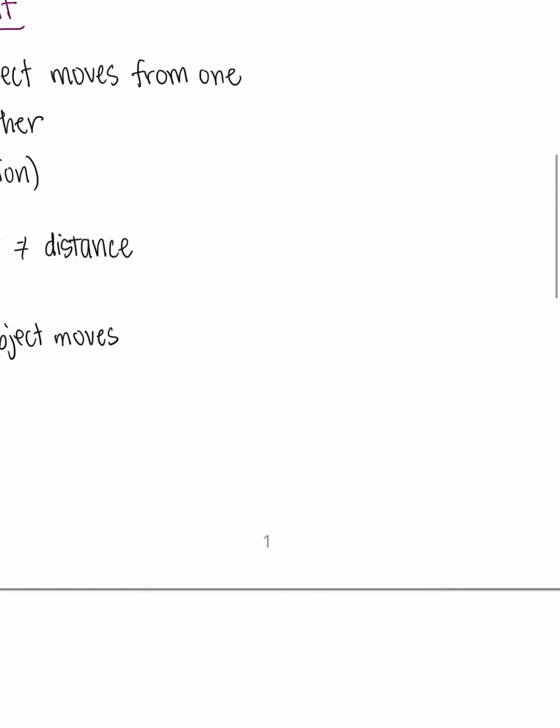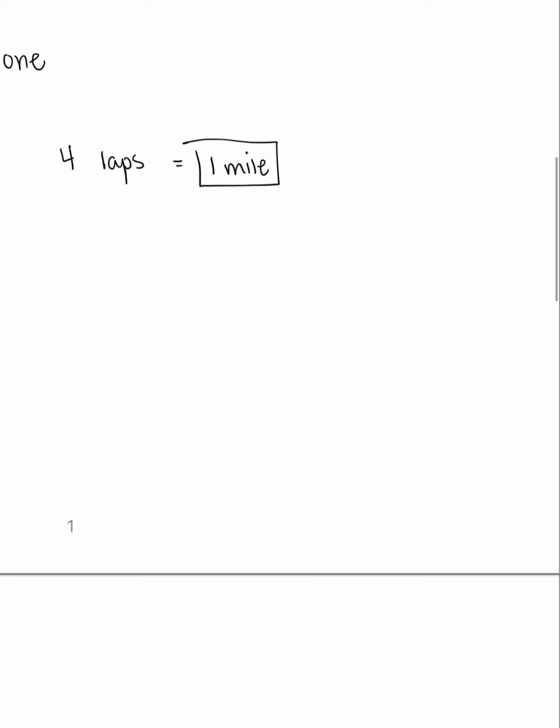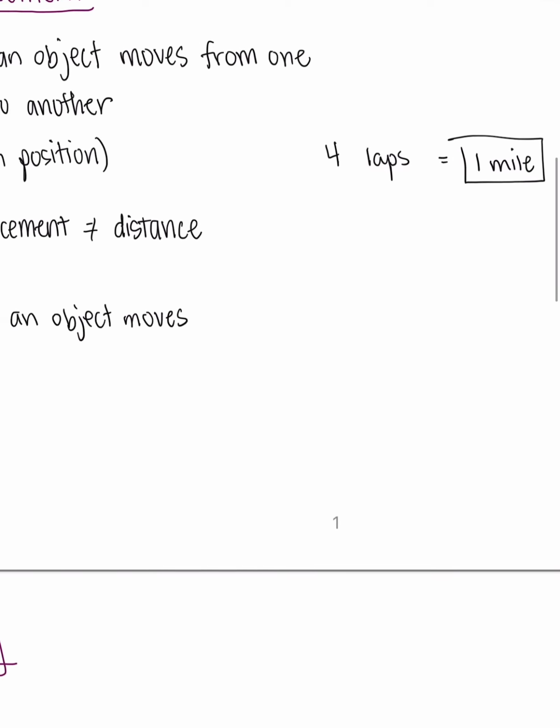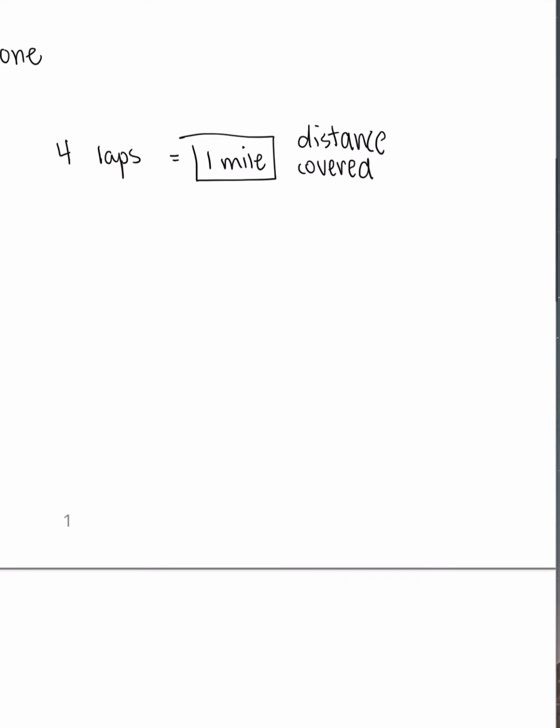A good example of this is running on a track. For example, let's say that 4 laps on a track is equal to 1 mile. 1 mile would be the distance covered, as that is how much you have traveled, or how far you have traveled.